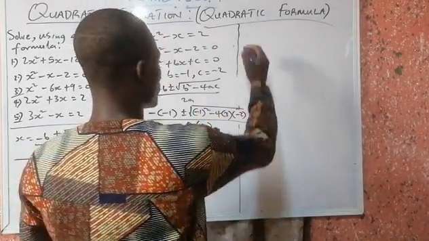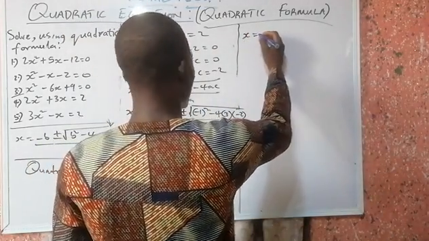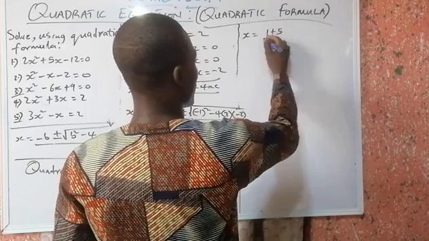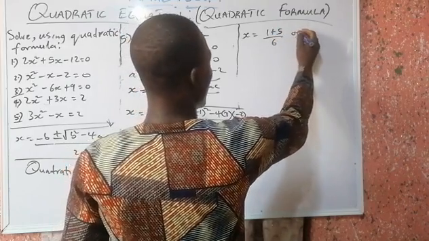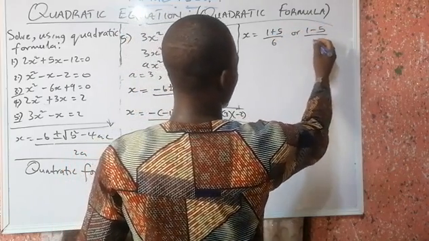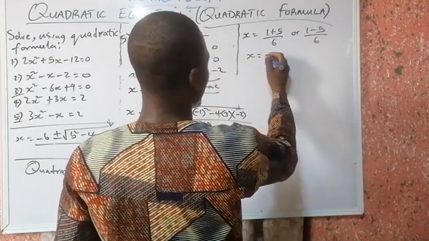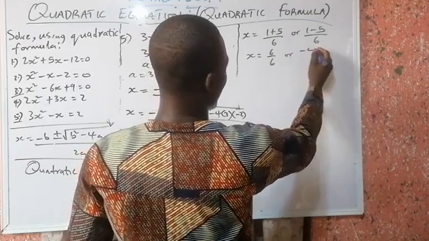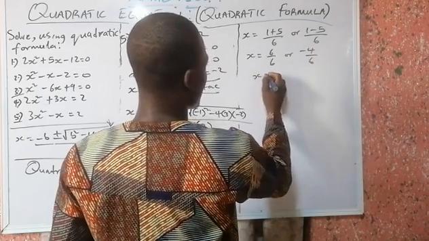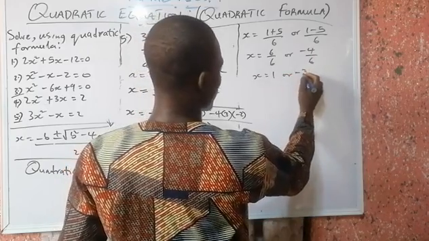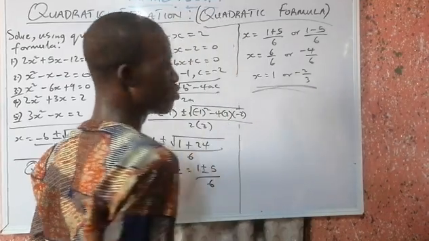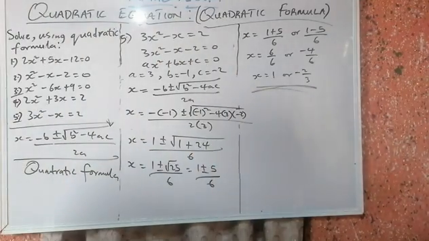So this will result to x equals 1 plus 5 over 6, or 1 minus 5 over 6. That will be x equals 6 over 6, or minus 4 over 6. x equals 1, or minus 2 over 3. So these will be the roots of the equation.